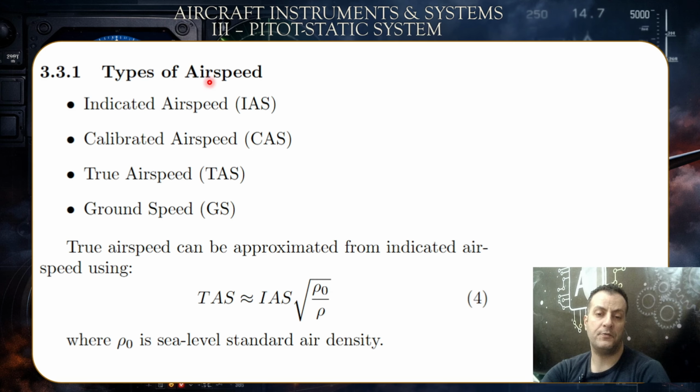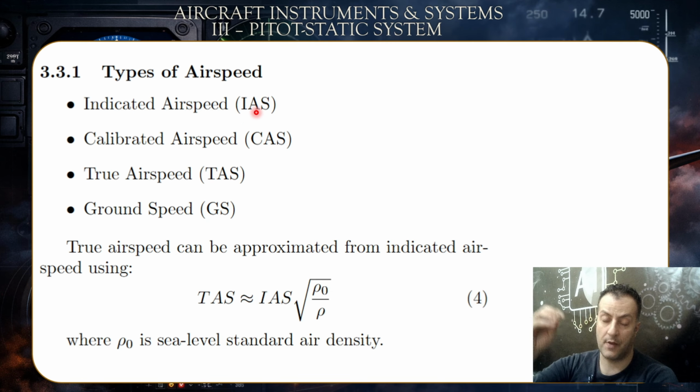Now, types of airspeed. You have indicated airspeed, which is the value read on the instrument; calibrated airspeed, or CAS, after calibration, after readjustment; true airspeed, the TAS, which is the real airspeed, the true value, which is rarely the exact value measured by the instrument; and the ground speed, which depends on the GPS system and other things.